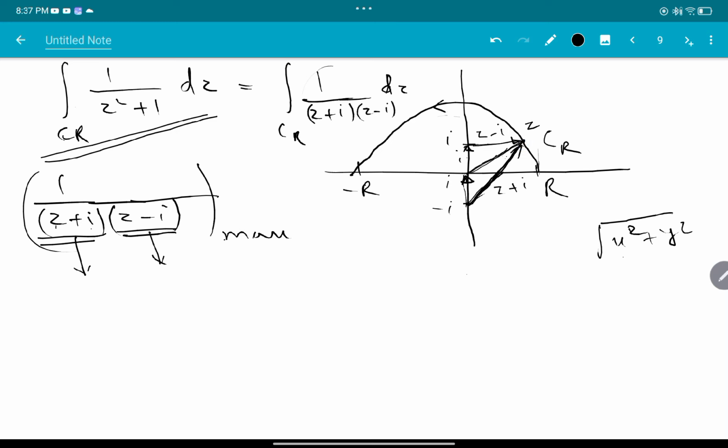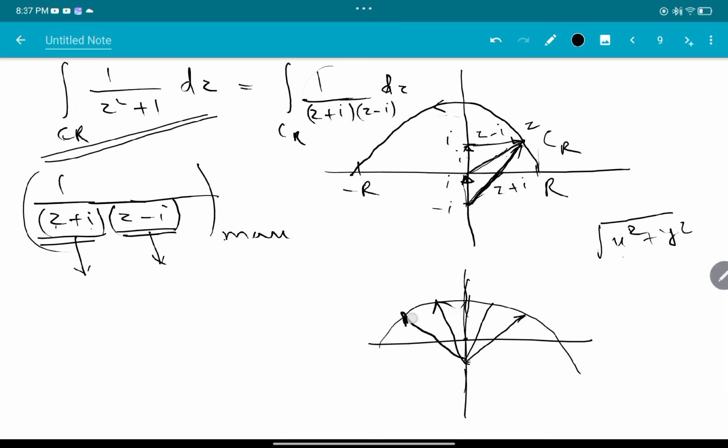If I take a point here, in order to save this diagram from too much overwriting, now suppose I take this. This is the loop. This is I. If I take it here, this is Z plus I. If I take it here, here, here, where will it be smallest?